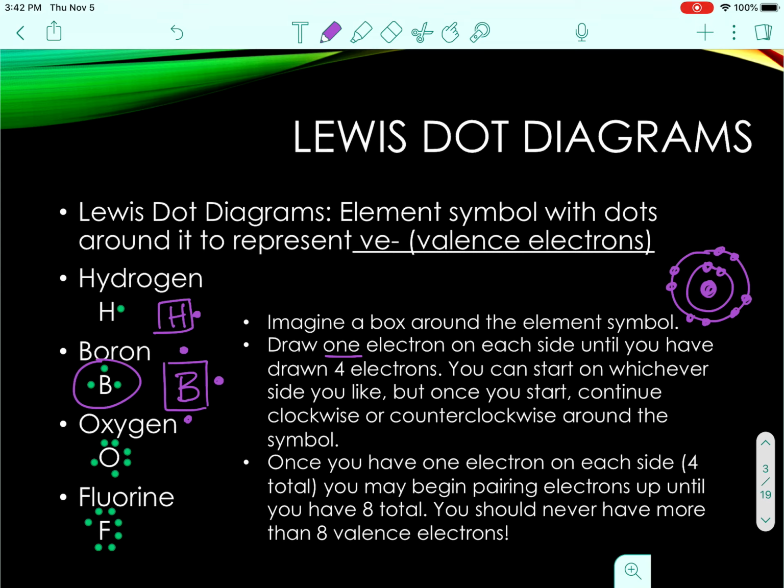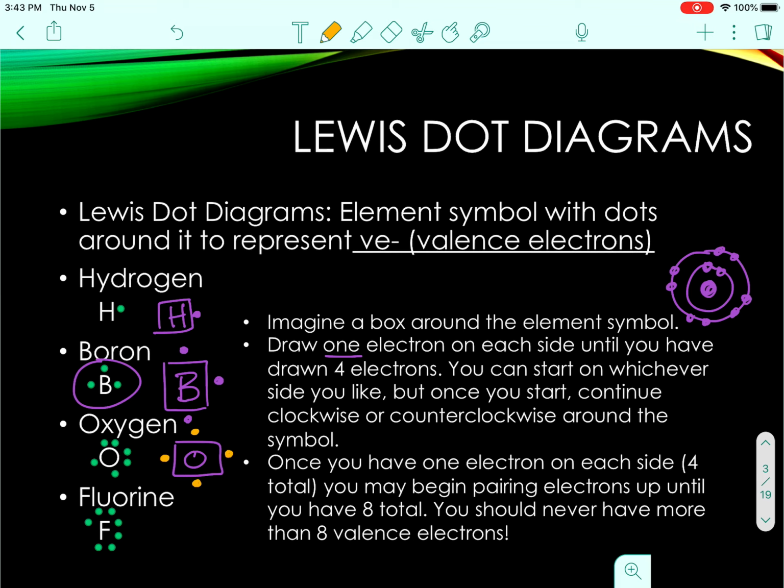Okay. Oxygen is in group 16, so it has 6 dots or 6 valence electrons. So draw the symbol O. I'm going to draw my box. So I'm going to switch colors so we don't get them mixed up with the other dots that are on here. So O has 6 dots. So I'm going to start at the top. 1, 2, 3, 4. I have 4 dots.